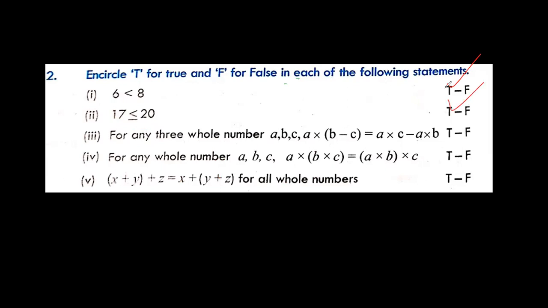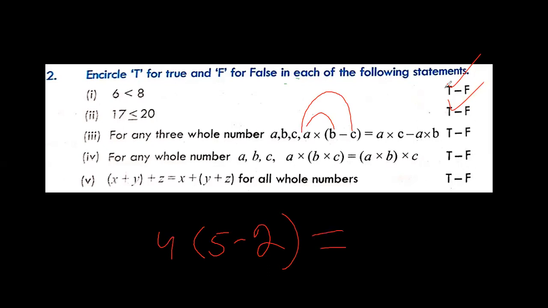And this one: for any 3 whole numbers a, b, c, false. a is multiplied with b, a is multiplied with c, and there is a different sign between them. Is it true or false? False. How is it false? Let's take an example. 5 minus 2 and multiply 4.